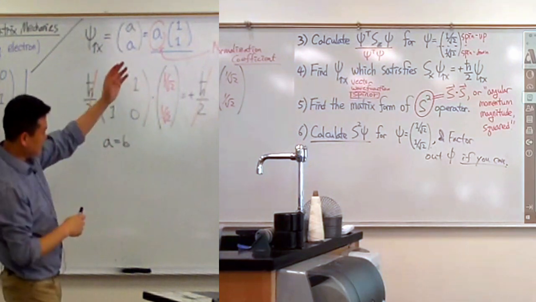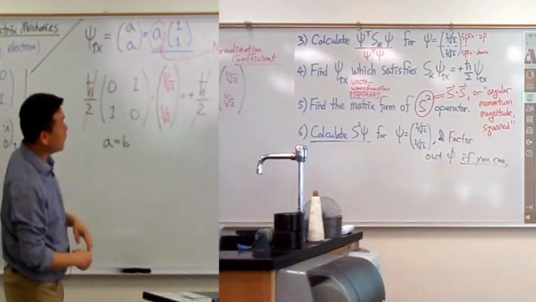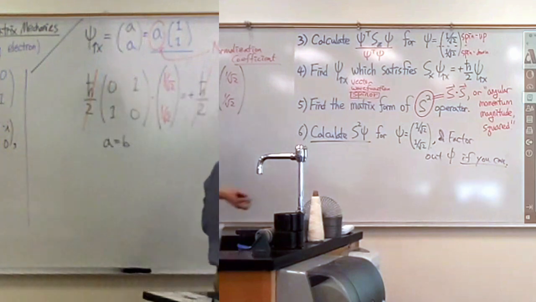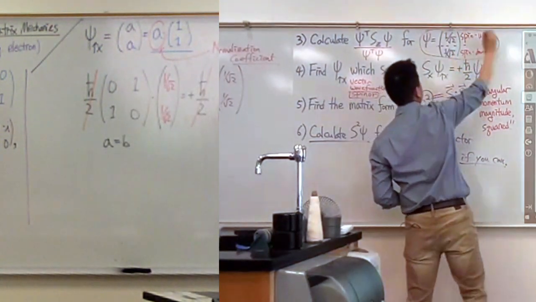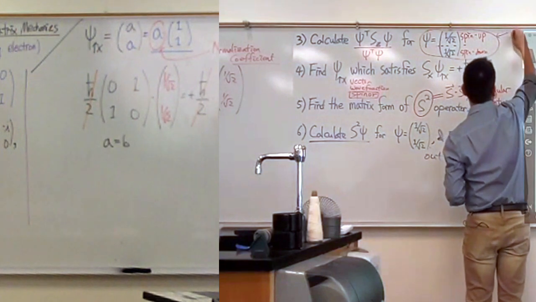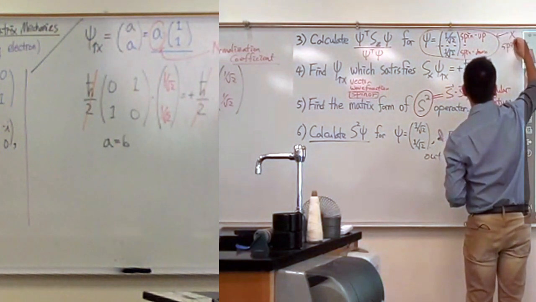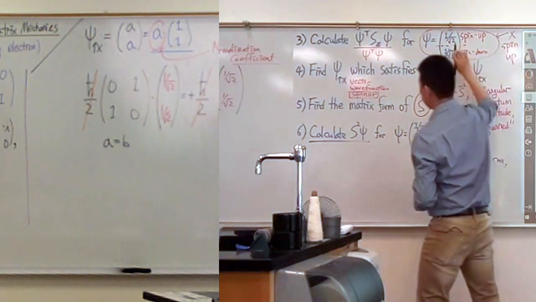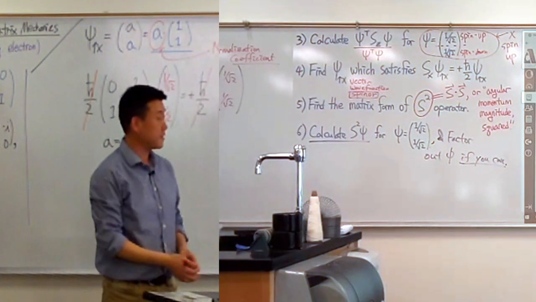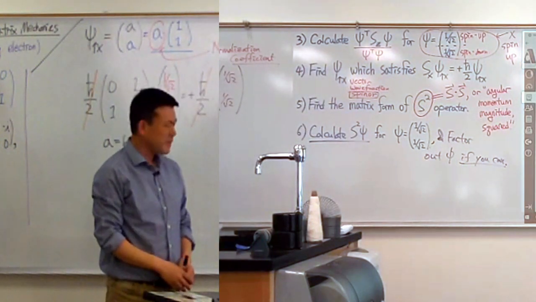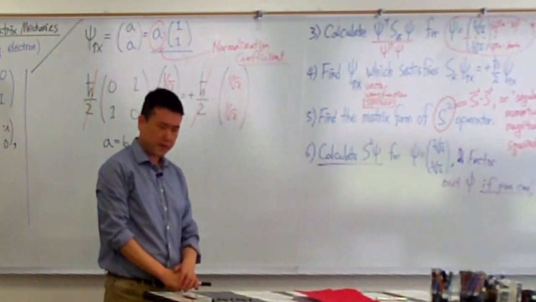Good. So what this answer for question 4 is revealing is that this state here is the X spin-up state, as in, this represents a spin state which is pointing in the positive X direction. Does that make intuitive sense?